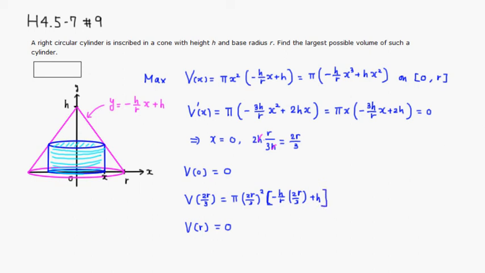Then simplify that: you can cancel r here and r here.